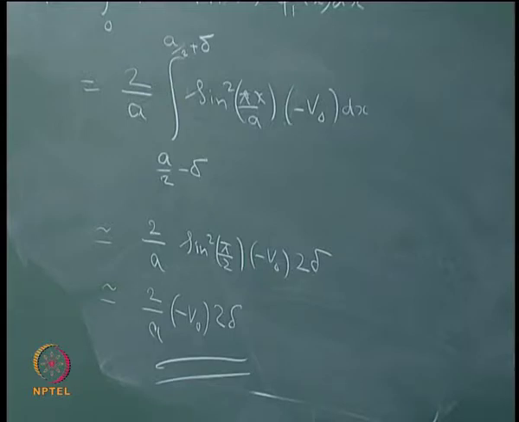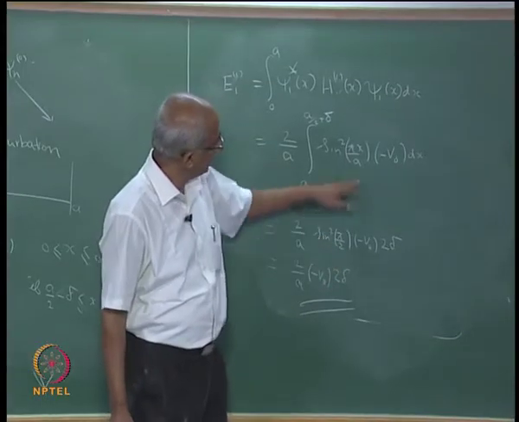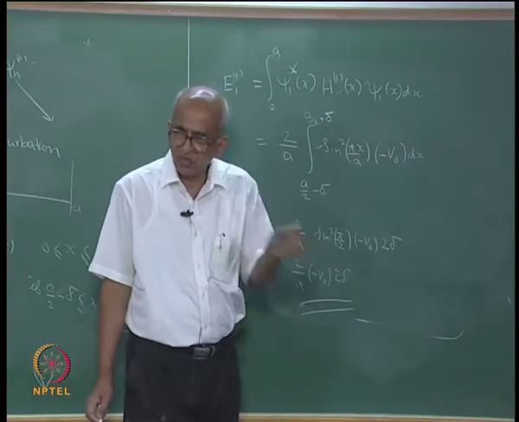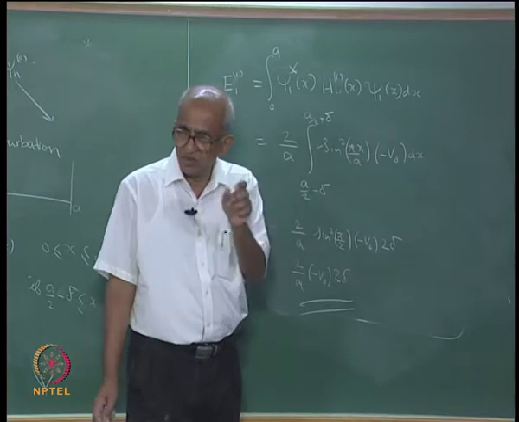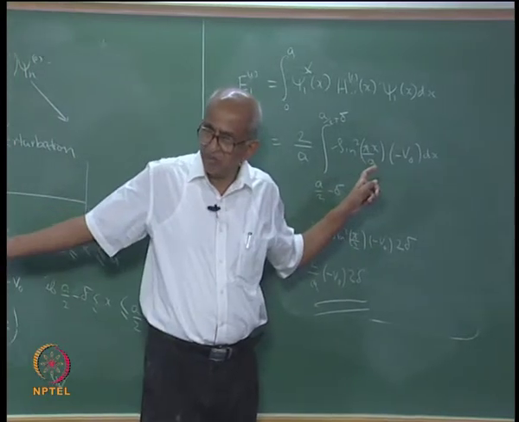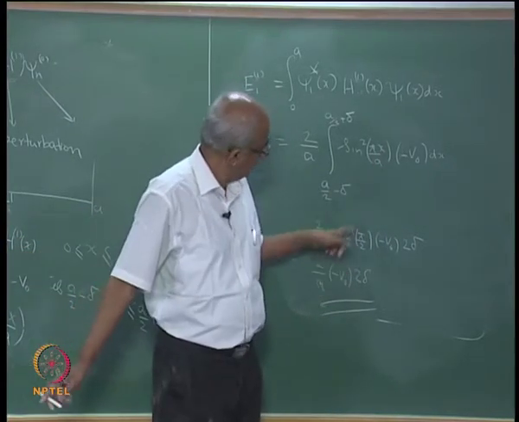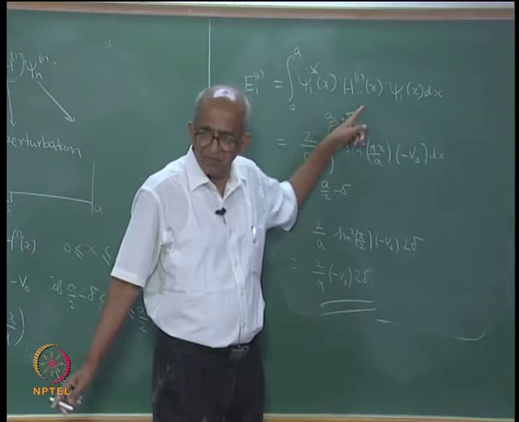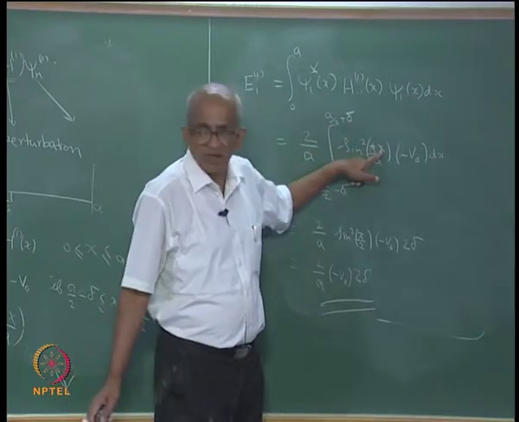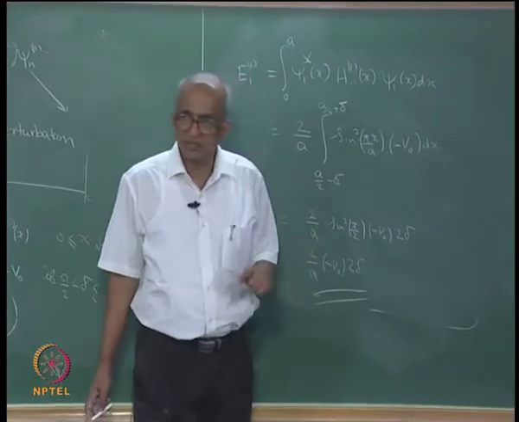Why did I get this sine square pi by 2? The reason is that, because delta is very small, I approximated the value of the wave function by its value at the middle of the box. The sine square pi by 2 is coming from the value of the wave function at the middle of the box, and therefore, this is the correction to the energy.